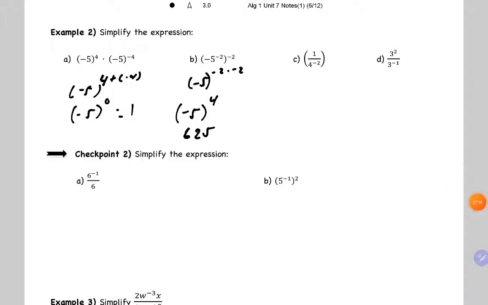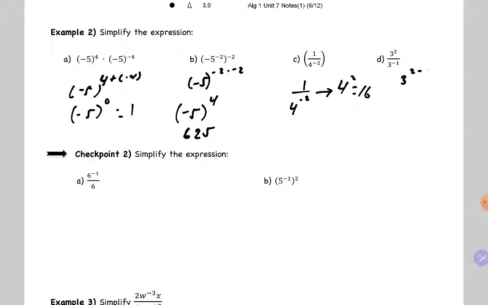Alright, part C. 1 over 4 to the negative second. That gets flipped over to 4 squared, which is 16. Alright, 3 squared over 3 to the negative 1. So we subtract.